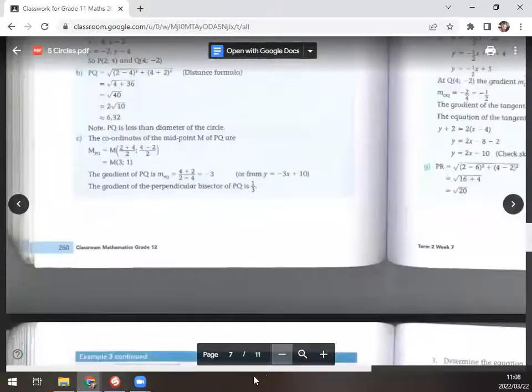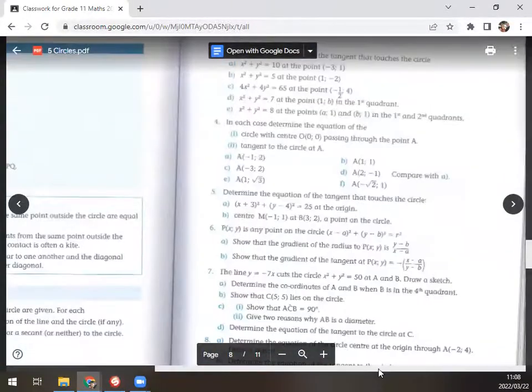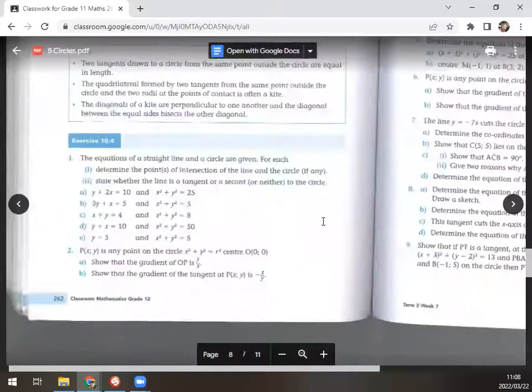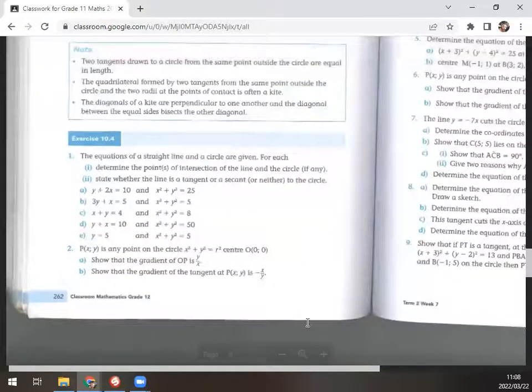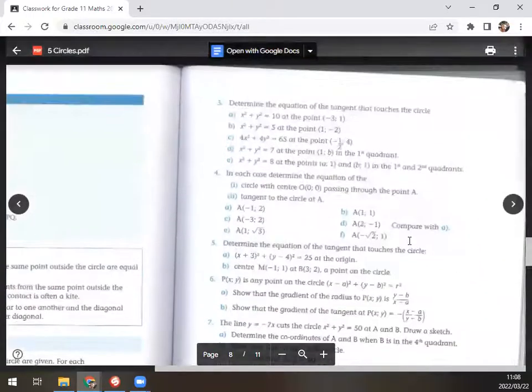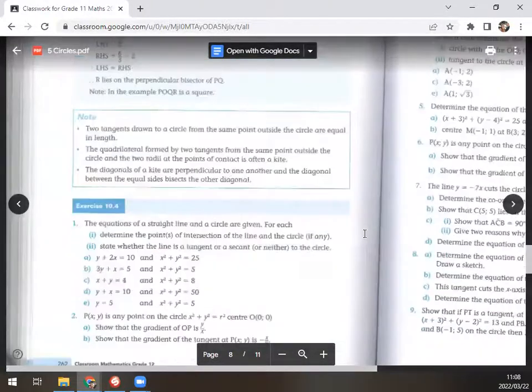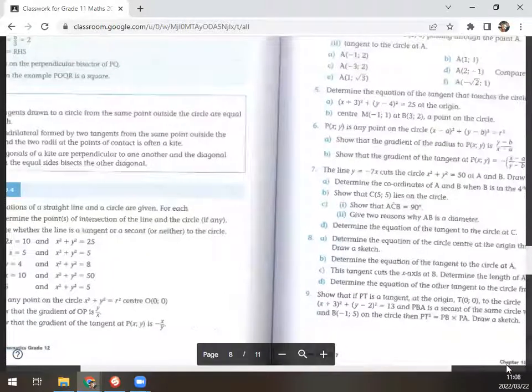Sorry, let me just actually zoom out here. I just want you guys to practice a few of these kind of basic ones. Points of intersection, we'll still get to that. All right, so from number 3, let's see what exercise is this. Exercise 10.4, page 262.